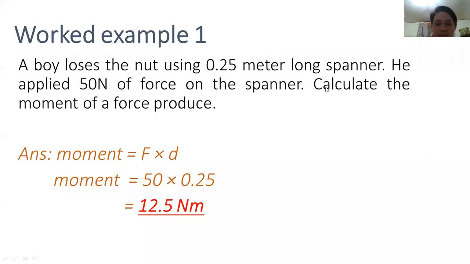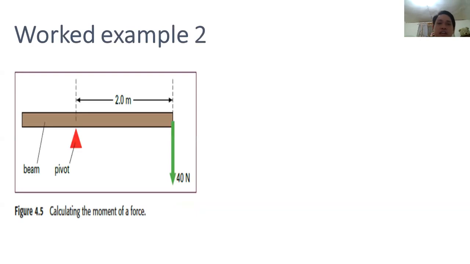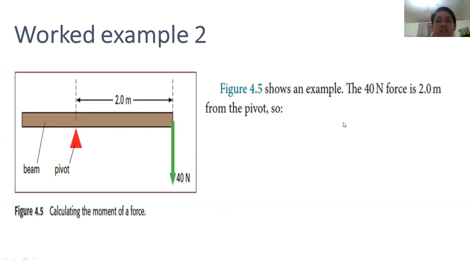Now let's proceed to work example number 2. Here, we are given a figure, and we are going to calculate the moment of a force. Figure 4.5 shows a 40 Newton force, as you can see the direction. The 40 Newton force is 2.0 meters from the pivot. How do we compute the moment of a force?